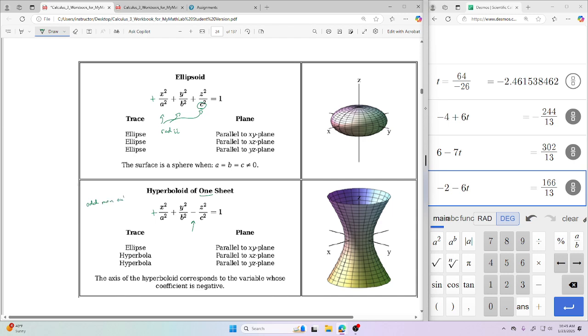If you look at your different variables, you have a positive x, a positive y, and a negative z. So z is the odd man out. The odd man out tells you the axis it's revolving around. That's how you would know if it's an x revolve or a z revolve or something like that. It works every time.